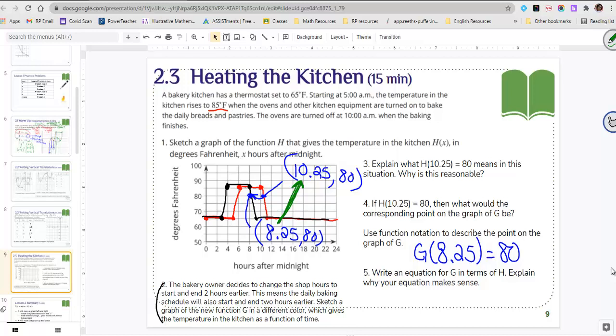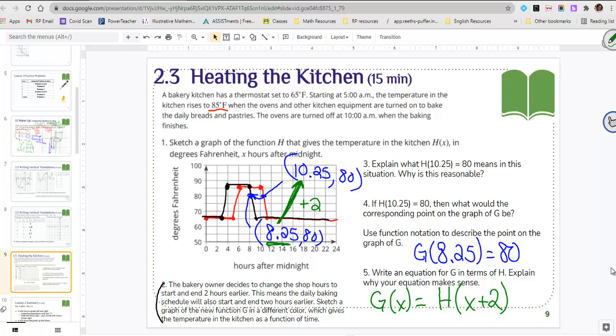If we're thinking about writing our equation G for time in terms of our H, we are still taking that 8:25, and because it corresponds with the same old time of 10:25, we have to add 2 to make that corresponding jump. That's why we end up with the +2 here.